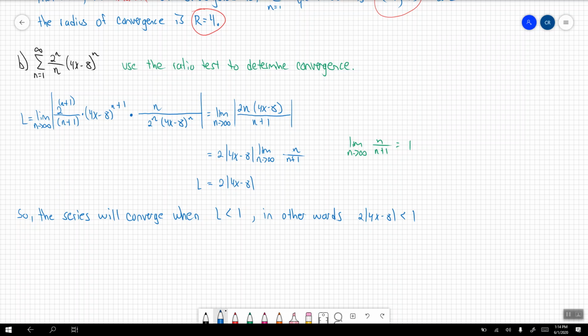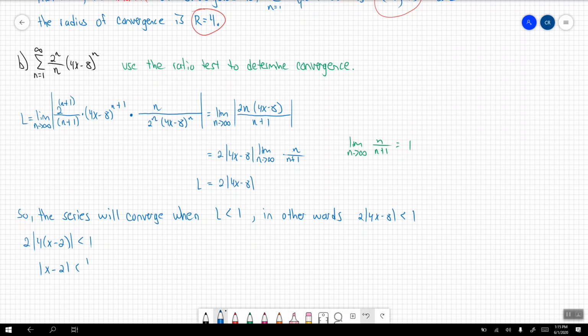Awesome. So let's start extracting what we're going to be looking at when we're talking about this radius. Let's simplify it just a little bit more. I'm going to have 2 times the absolute value of 4 times x minus 2, is less than 1. Factor out that 4, multiply it, that's going to be 8, and then divide both sides by that.